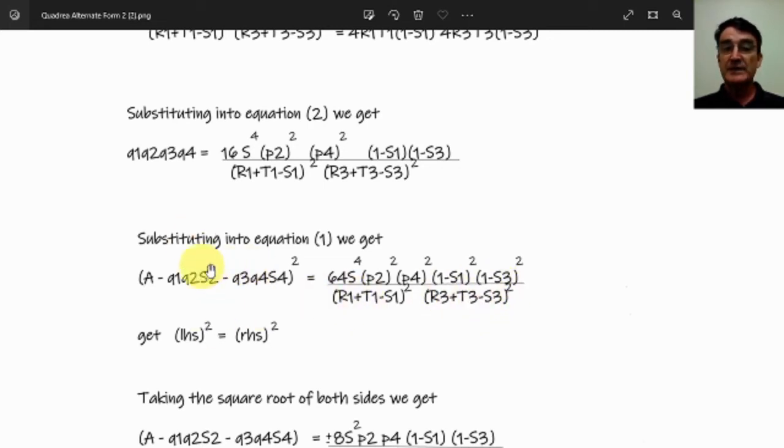So we end up with something squared is equal to something squared. So the left-hand side all squared is equal to the right-hand side all squared.